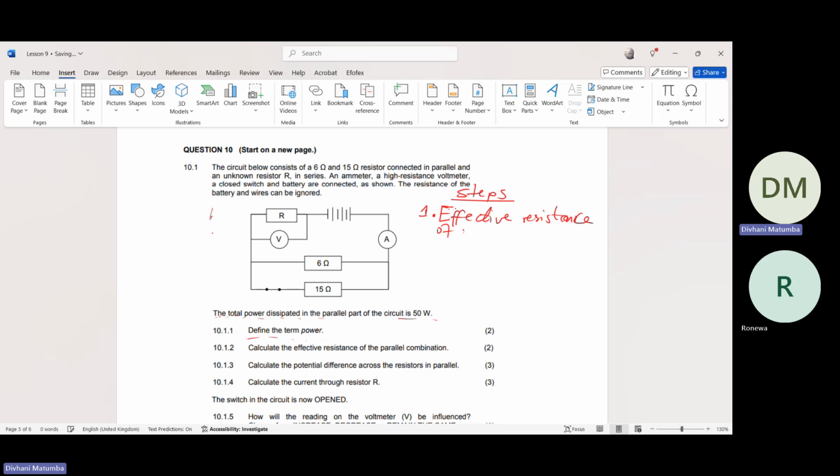Effective resistance of parallel connection. And then if we had series connections, we would calculate those next. If we had a series circuit, it means step 1 is gone. Then we go to step 2.